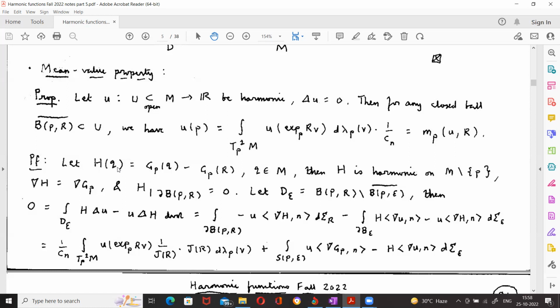That gives some simplification when you apply Green's formula. So let me do this next time, on Friday. Then we can do it slowly in detail without rushing.